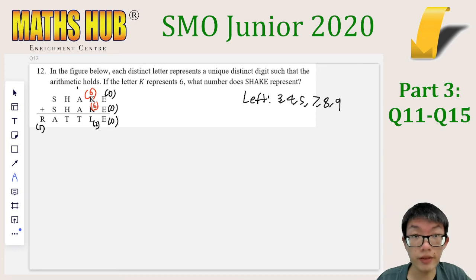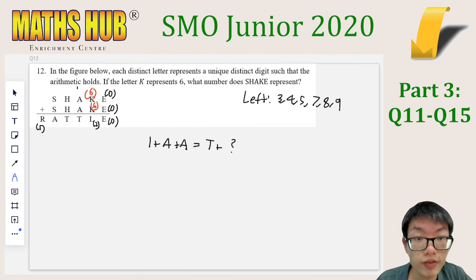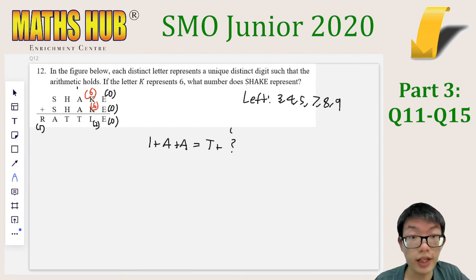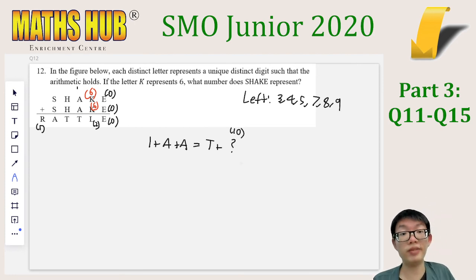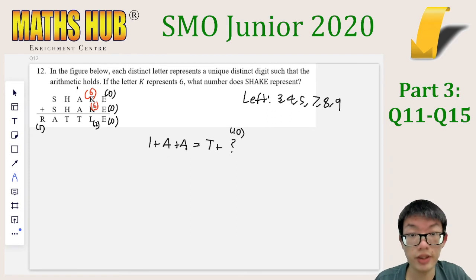So let's write down what each of these say now, with the contingency that we're not sure whether the carryover is included. So for A and A, we know that 1 plus A plus A is equal to T, possibly with 10. So when I say a question mark on the right hand side, it means that maybe there's a carryover.